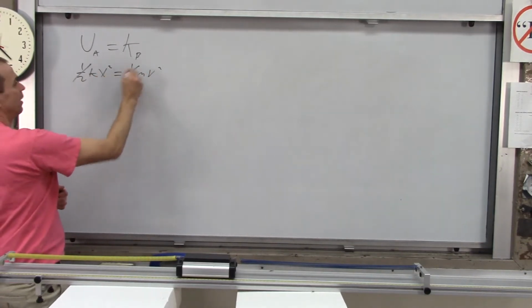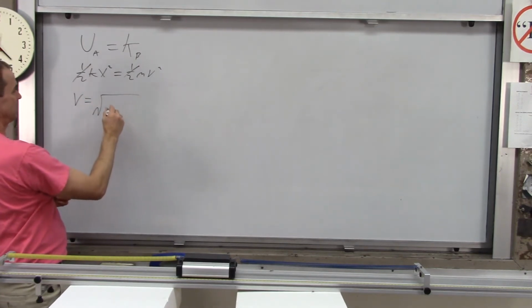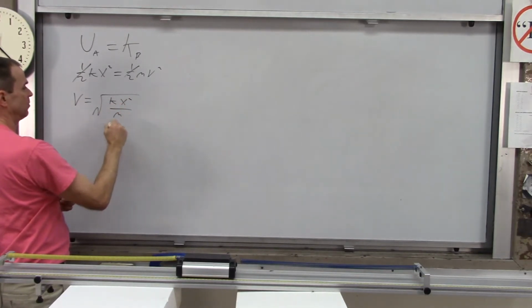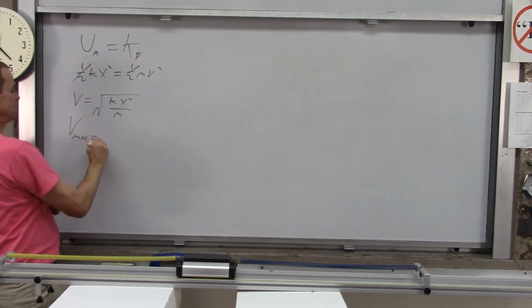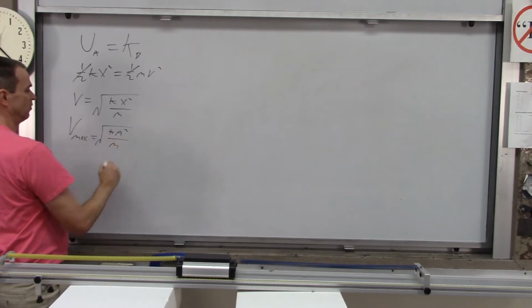Now the halves drop out. I'm trying to solve for v. V is the square root of kx squared over m. Now if you're looking at v max, you get root k a squared over m.